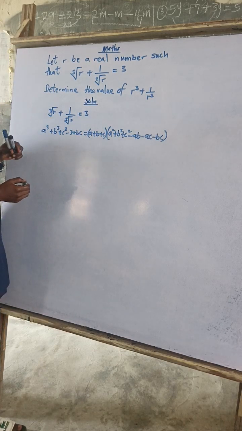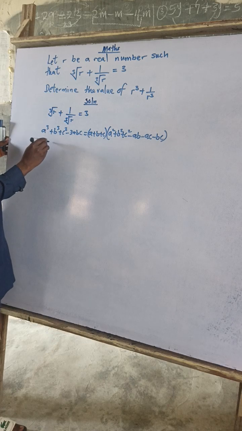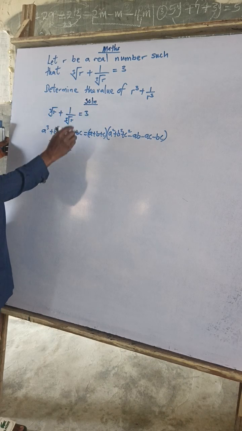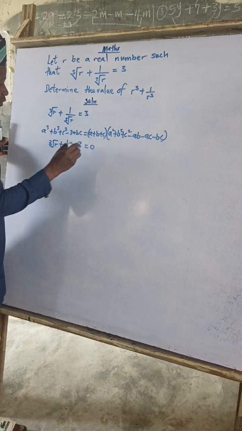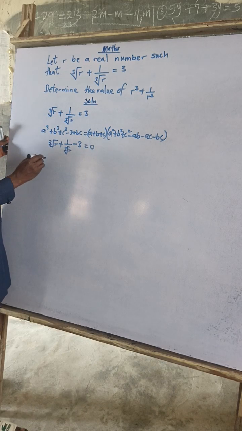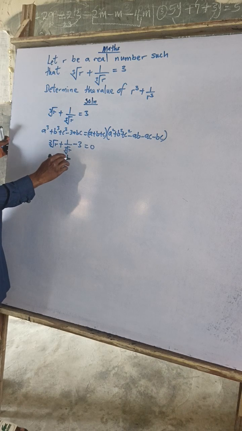Now, we have cube root of R plus 1 over cube root of R equal to 3. By taking 3 to this side, we have minus 3 equal to 0. Here, we are going to replace cube root of R with a letter and 1 over cube root of R with another letter.